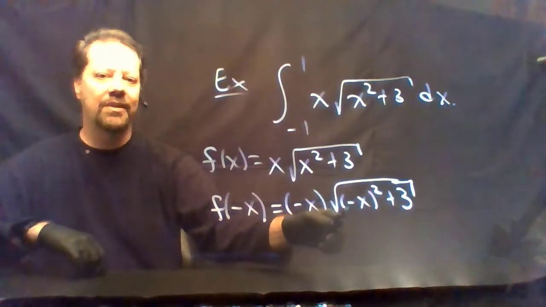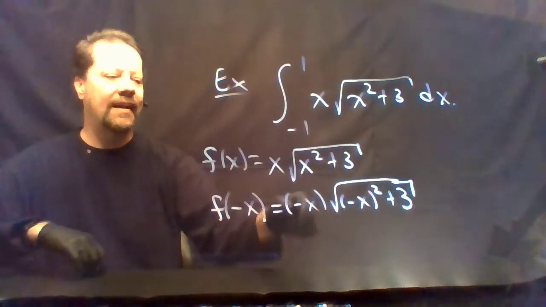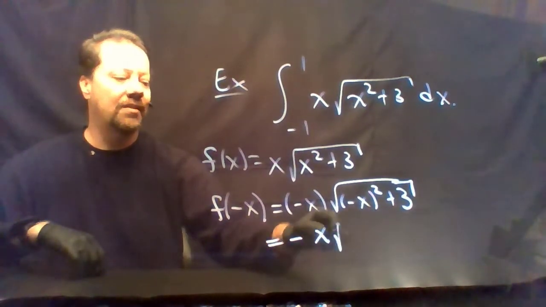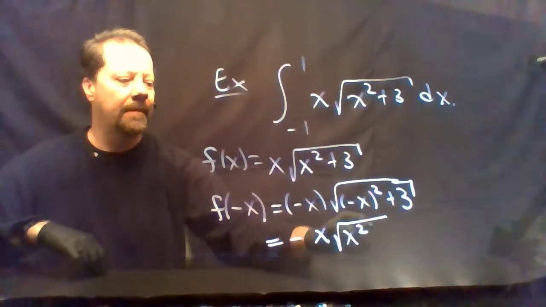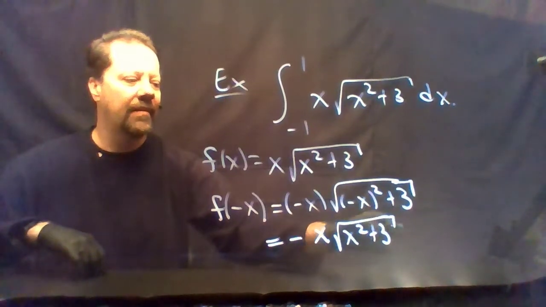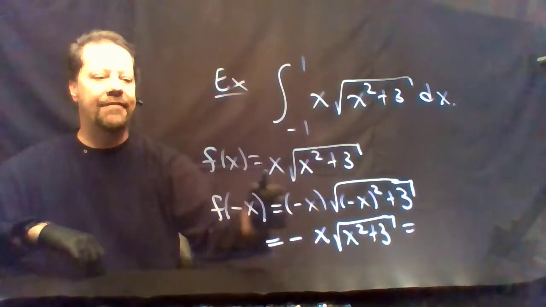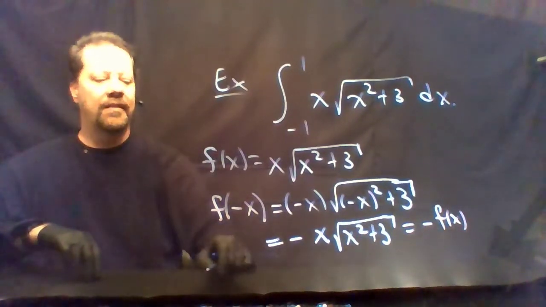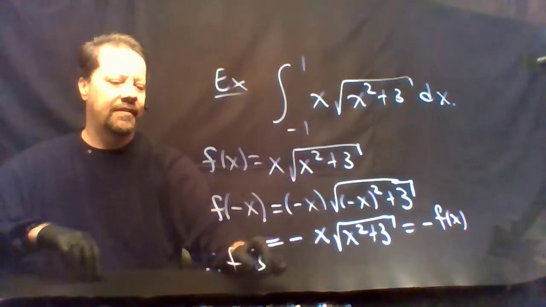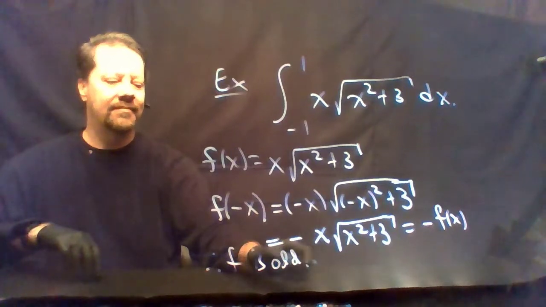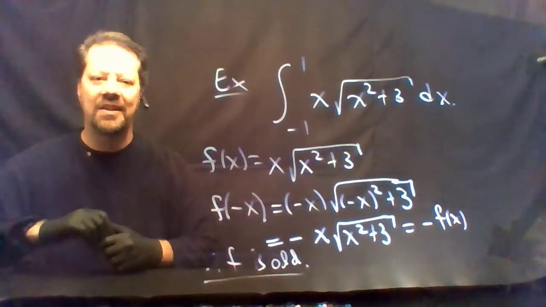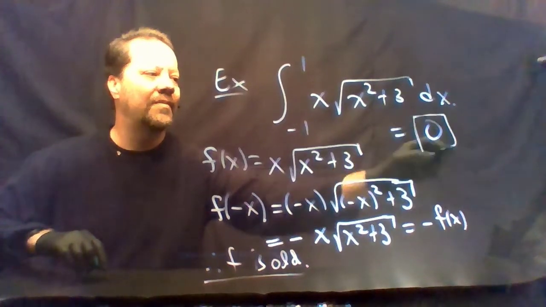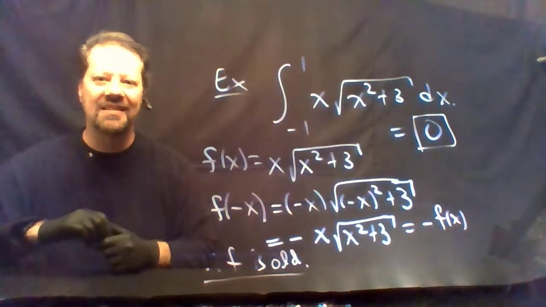Inside of the square root, the negative gets squared away, and in front, we just have a negative that dangles out all by its lonesome. We end up with the negative of the function that we started with. Therefore, f is odd. That means this integral is 0, just by symmetry.